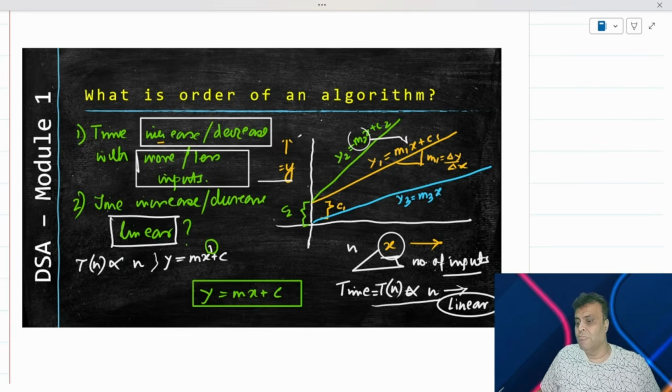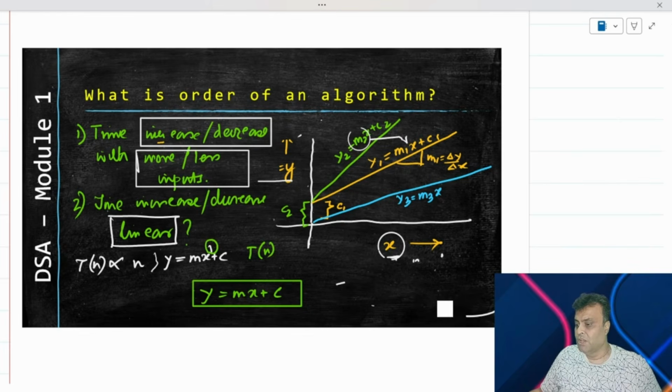So can I say that my time, whatever time I'm going to take for the execution of this particular algorithm, is going to be a function of n, because it depends on n in a linear manner, right?